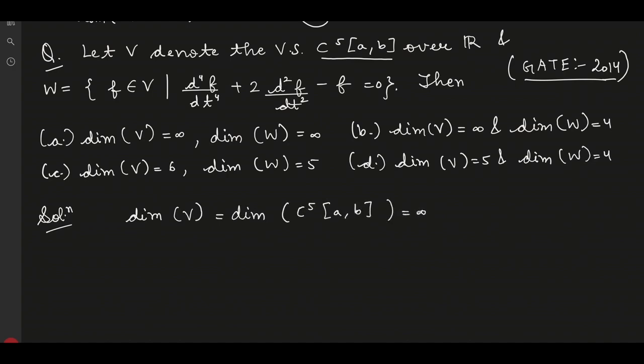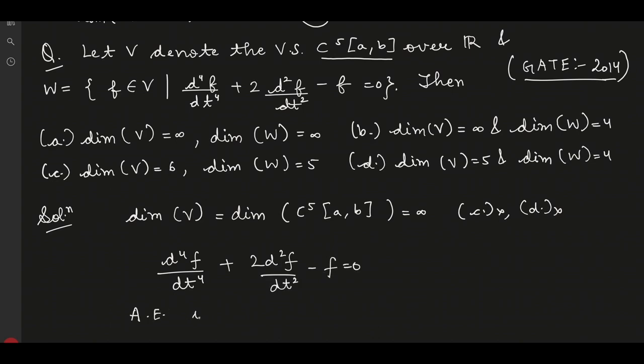And the second one is the fourth-order equation, so we will have 4 linearly independent solutions over here. The auxiliary equation will be lambda to the power 4 plus 2 lambda square minus 1 equal to 0.